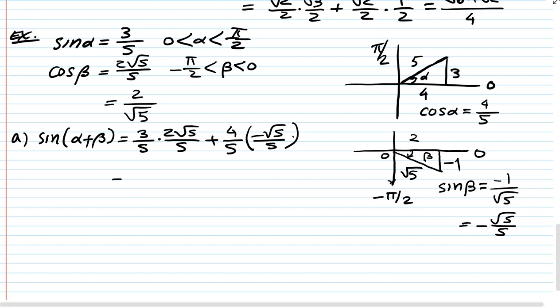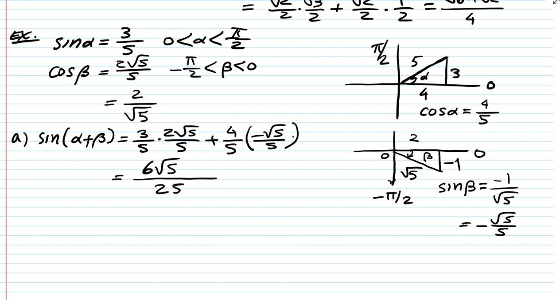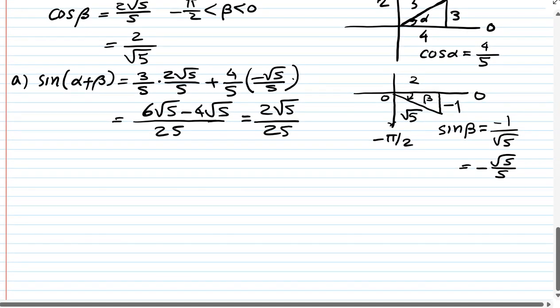All right. And then we can put these together. 5 times 5 is 25. 3 times 2 is 6 root 5 minus 4 root 5. That's going to net into a 2 root 5 divided by 25. And that's the sine of the sum.